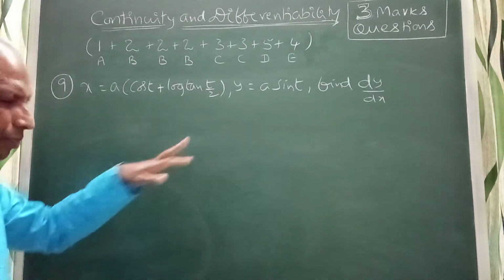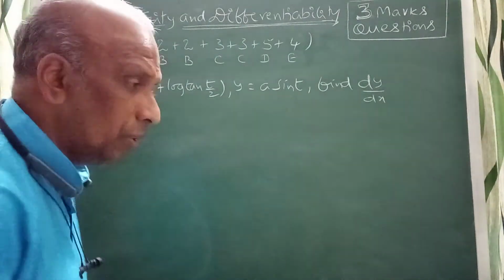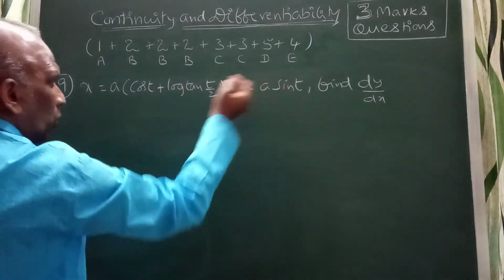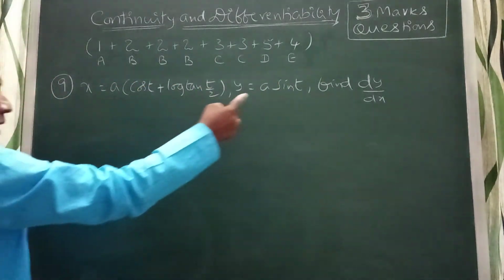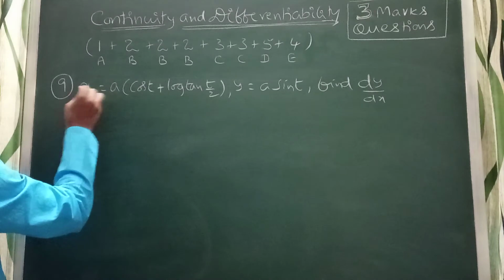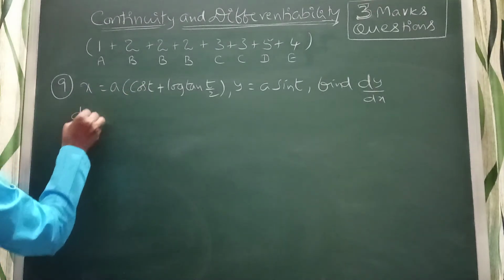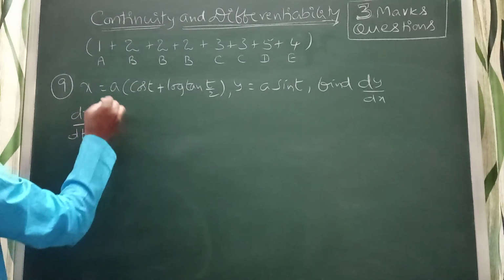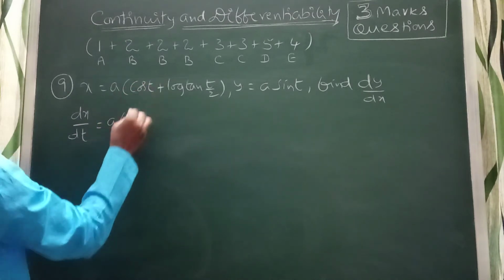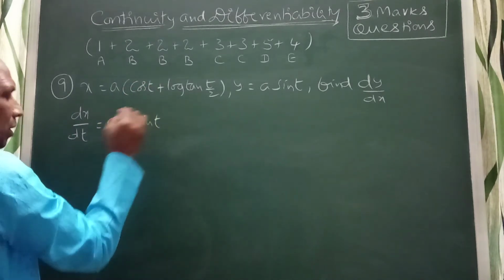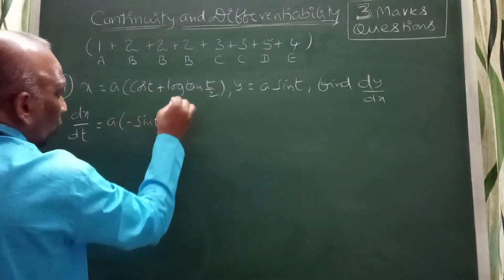You can see in this problem, y equal to a sin t. If you take x as this, what is dx by dt? You can consider dx by dt as a into derivative of cos t minus sin t, plus the derivative of log of something.